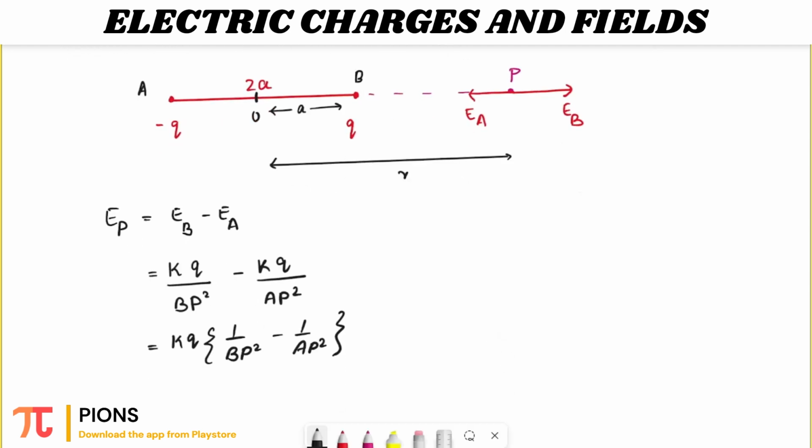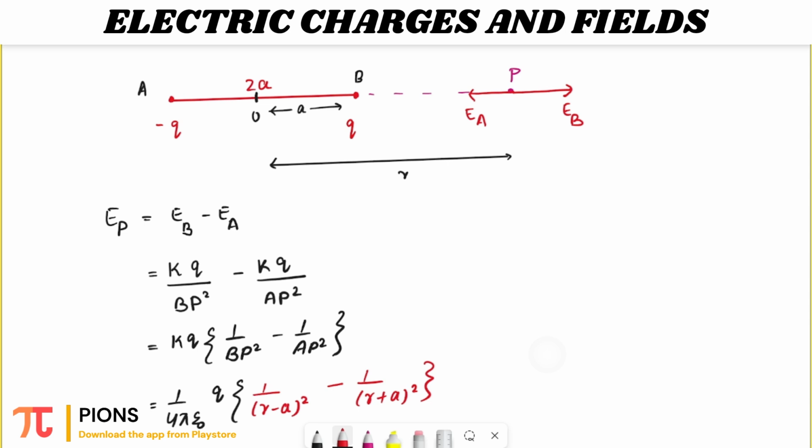Now, what is BP? So this K, I am just writing it as 1 by 4 pi epsilon naught, charge is Q. If you are very careful, BP is nothing but R minus A whole square, that's our BP square. And what is our AP? AP is R plus A whole square.